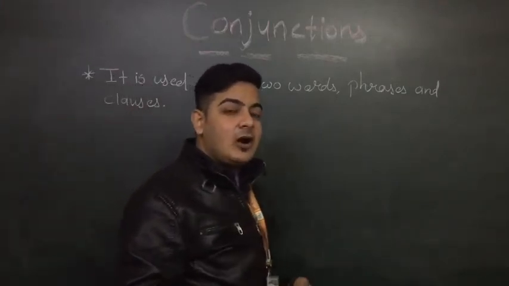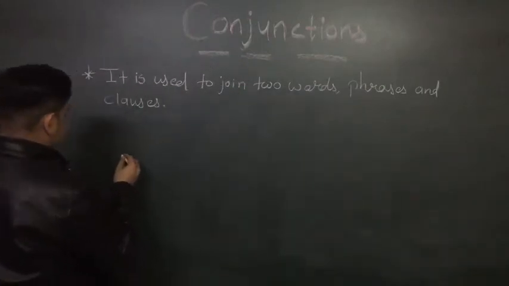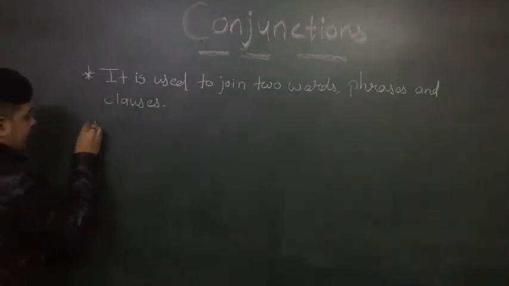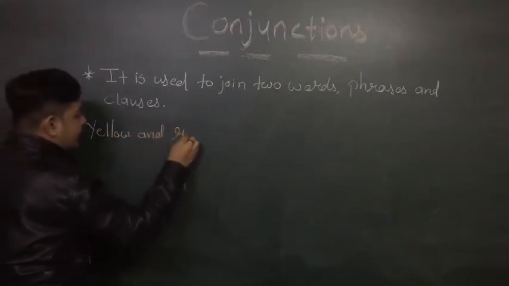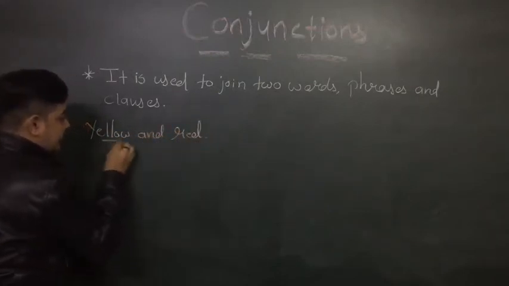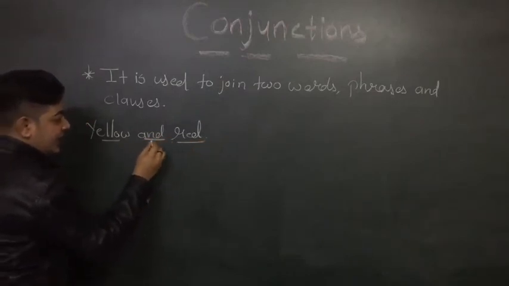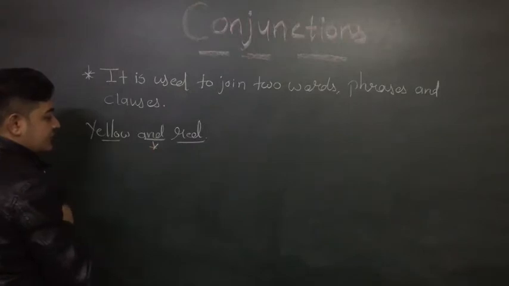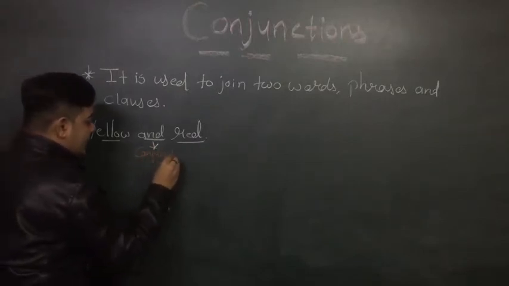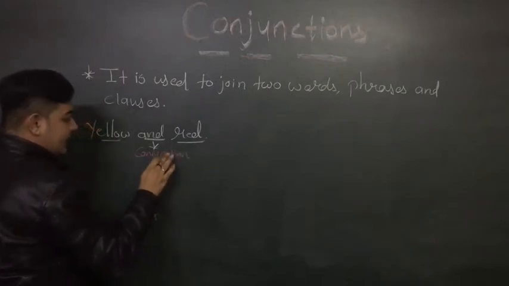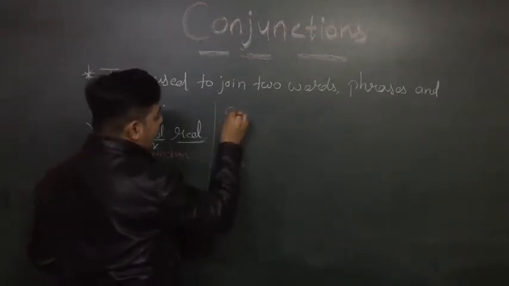If I can say about the words, how I can join yellow and red. ठीक है, these two names of the colors I have joined with the conjunction and. So this is my conjunction. ठीक है, conjunctions कौन से होते हैं?